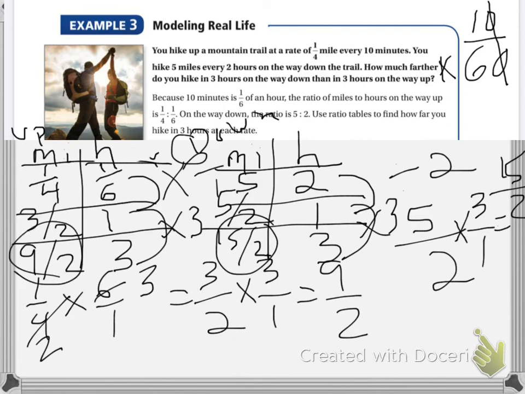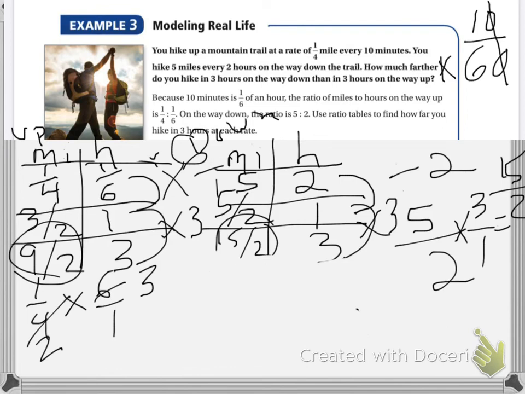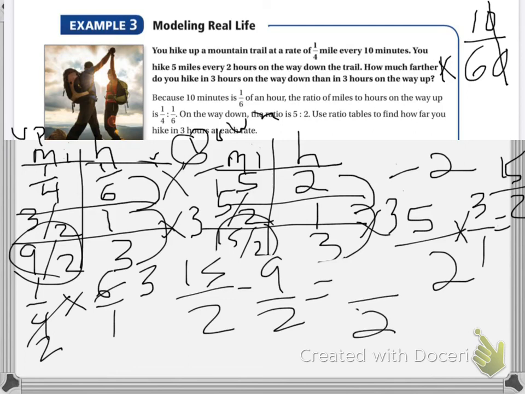Look, I already have a common denominator when finding the difference. I'm going to make some room right here so that I can show. All right, 15 halves minus 9 halves. Common denominator being 2, and 15 minus 9 is 6.